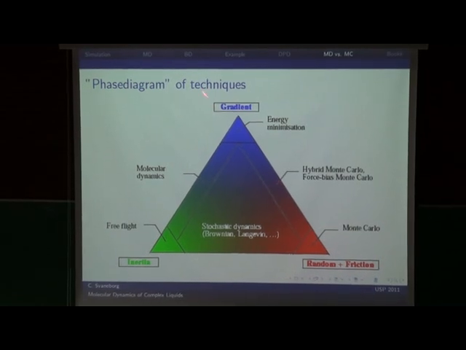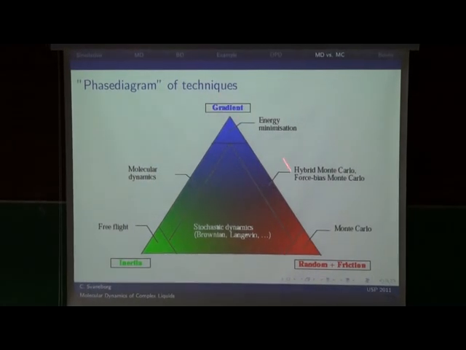And if we look at the possibilities of going from taking randomness and friction and taking the gradient into account, then we can also do hybrid Monte Carlo and molecular dynamics followed by Monte Carlo techniques. These are also on this line. So essentially, what I have done is I've started out here and then walked inside the middle of this phase diagram.